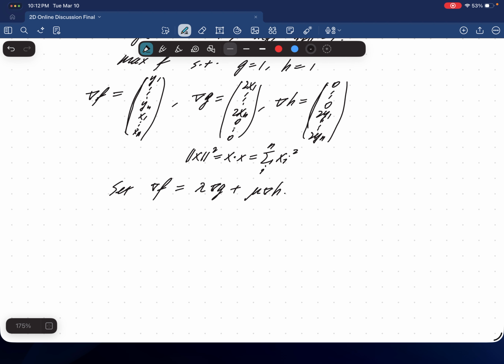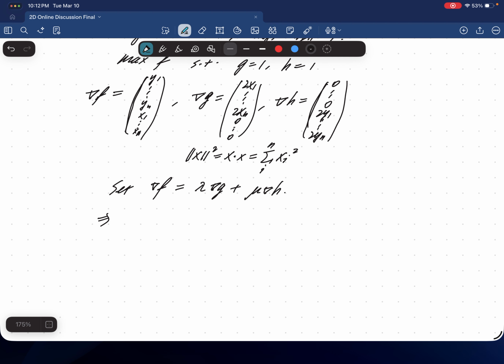So by this relation, I get that yi is 2 lambda xi and xi is 2 mu yi. But I also know that the sum of the xi squared is equal to the sum of the yi squared is 1.